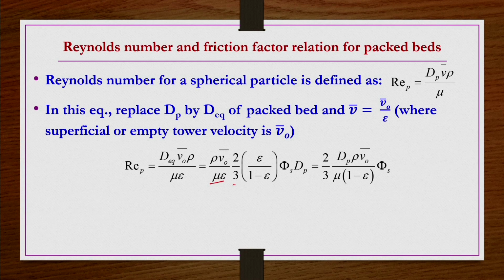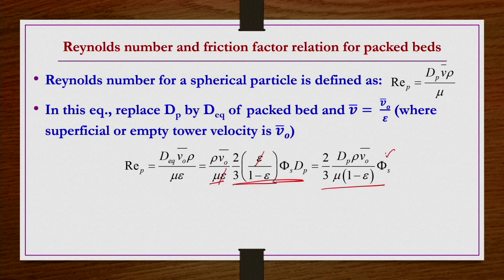Then at the next level, we write the d equivalent expression. The d equivalent expression, which yesterday in the previous lecture we derived, is 2 by 3 multiplied by epsilon by 1 minus epsilon multiplied by phi s dP. So, when you write this equation, you will get 2 by 3 dP rho V naught bar by mu times 1 minus epsilon phi s. Okay. So, this epsilon and this epsilon cancel out.